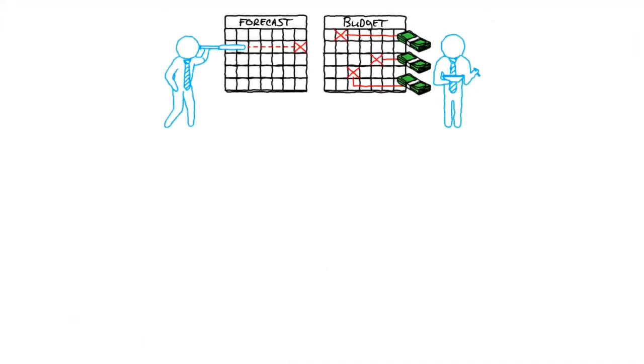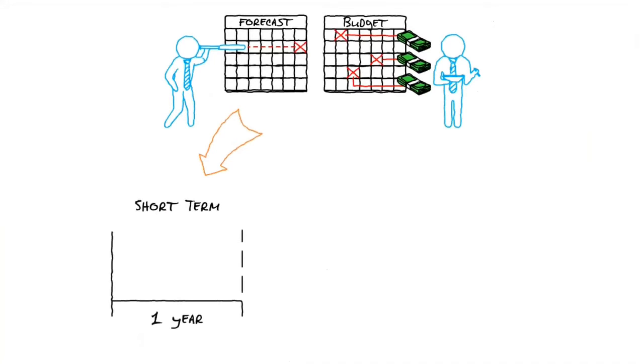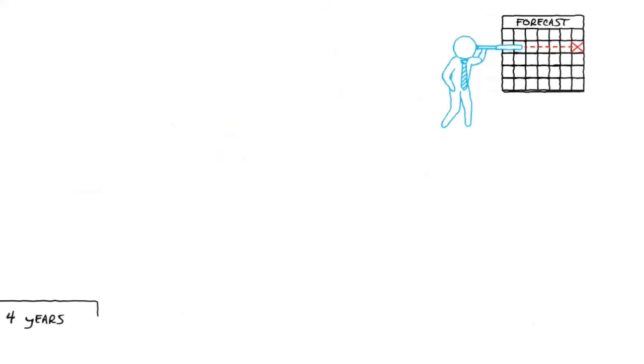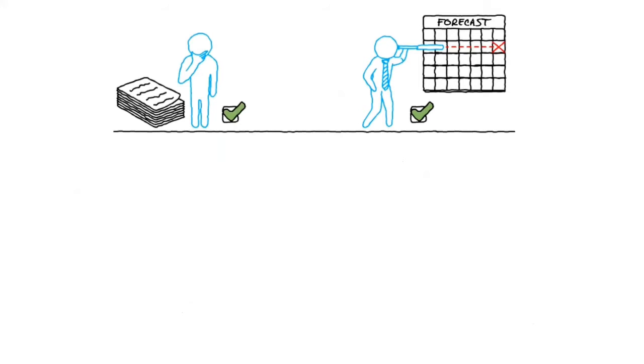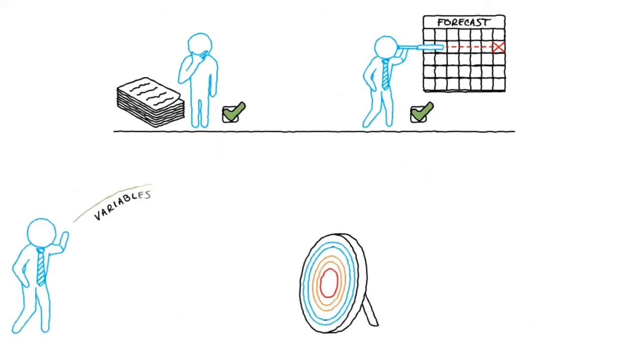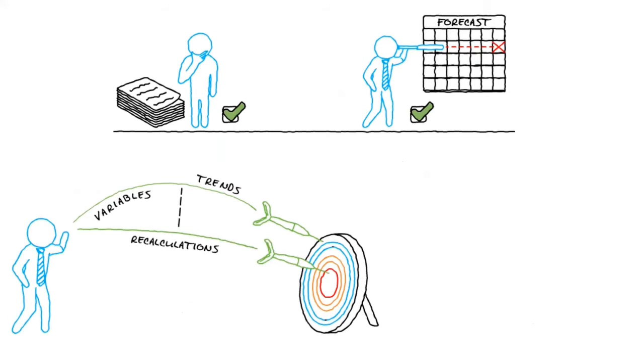Budgets and forecasts can be both short-term, or less than 1 year, as well as long-term, or over multiple years. Forecasts are only valid as long as the data and assumptions used to create them remain valid. Because of the dependence on variables and trends, no forecast is ever 100% correct. But continued analysis and recalculations allow forecasts to be as accurate as possible.